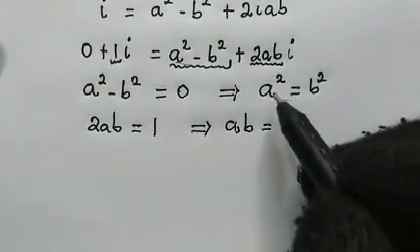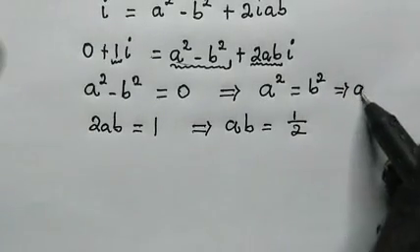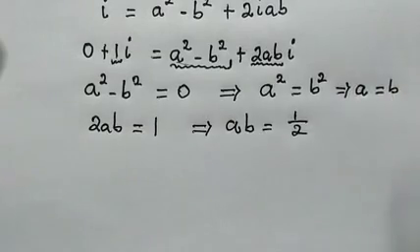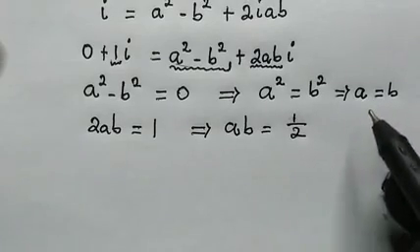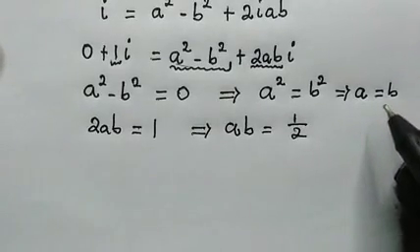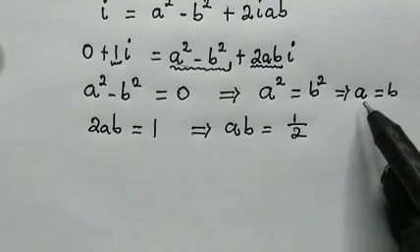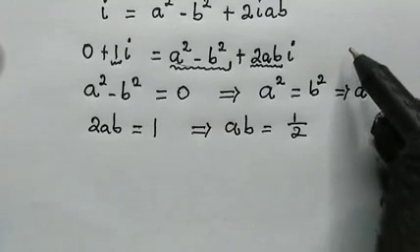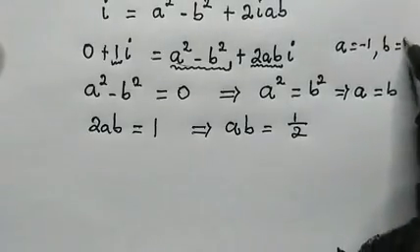Now we know that a squared is equal to b squared. This also implies that a will be equal to b. Is that true? If a squared is equal to b squared, yes, a can be equal to b. But in some cases, a will not be equal to b. What if a is equal to -1 and b is equal to 1?